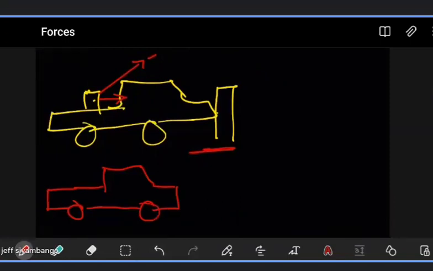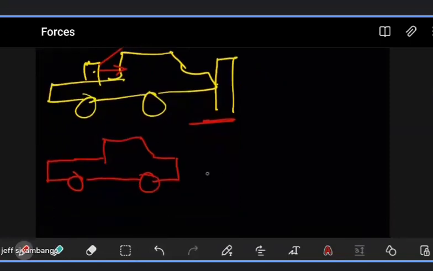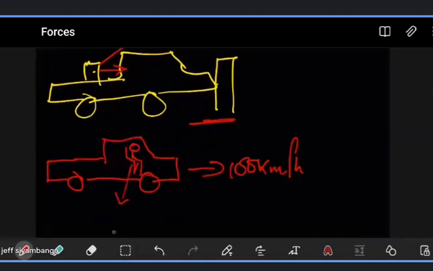So picture a car that is moving forward with a velocity of, let's say, 100 kilometers per hour. Since the car is moving forward, even you who are here have the same velocity, 100 kilometers per hour.